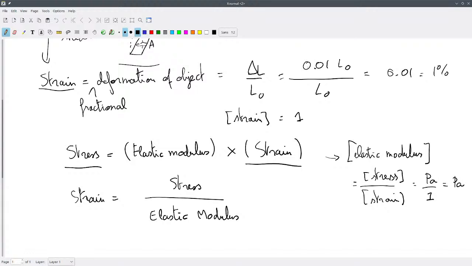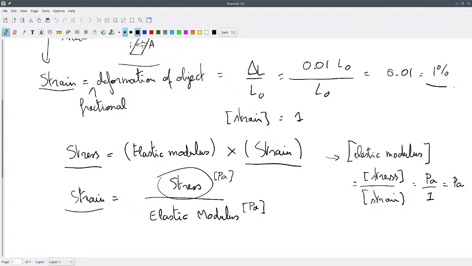So the elastic modulus will be in units of Pascal, just like the units of stress. Essentially it allows us to go from the stress applied to the strain by dividing: if we have our stress in Pascal, then this will be in Pascal, and we end up with the dimensionless quantity for strain, which we could turn into a percent if we wanted to. Okay.